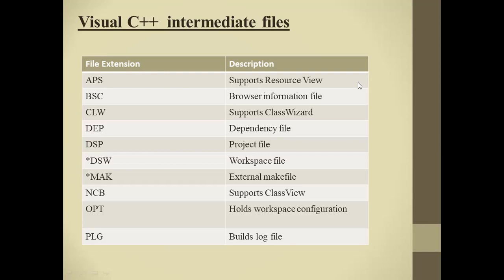As you have seen, we have two columns: file extension and description.